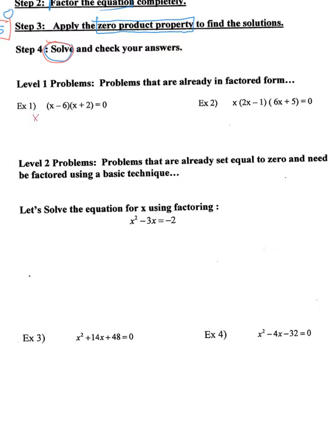So we can have x minus 6. I got 2 things multiplied to be equal to 0. Now, folks, do you see a pattern here? This one is a 6, and this one is negative 2. Because I need a negative 2 with a positive 2 to 0 out, and I need a positive 6 with that minus 6 to 0 out.